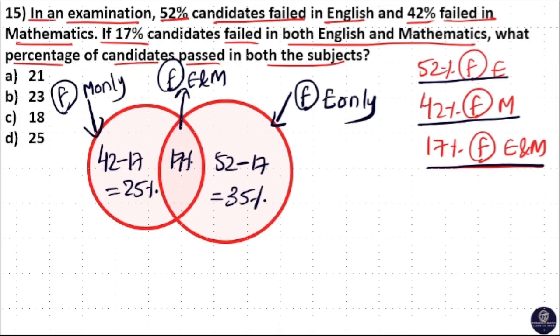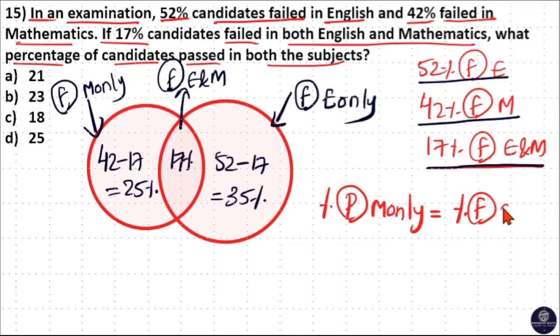Now you can see percentage of students who passed maths only is included in percentage of students who failed English only.